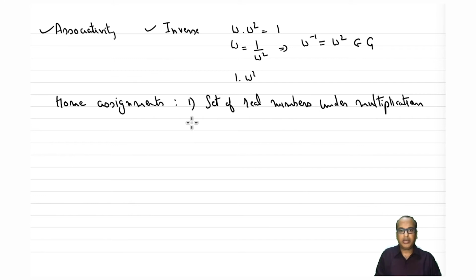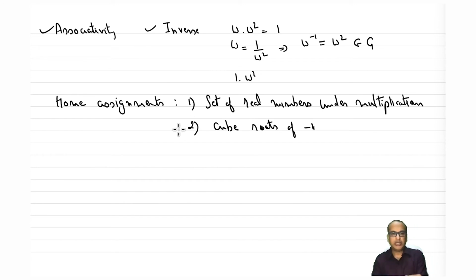Then you can also look at cube roots of minus 1. We have done it for plus 1, you can do it for minus 1. I think these two examples will be sufficient for you to understand how the four properties are used to define a particular set, whether that set will be called a group or not.